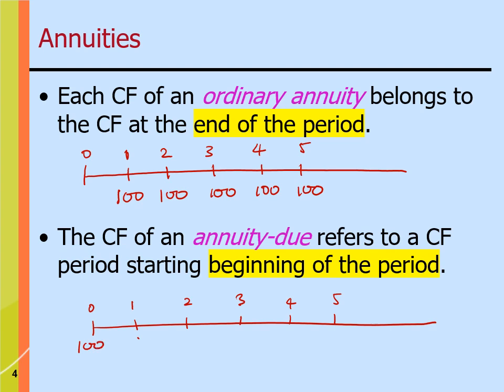So this is the beginning of year 1, and here is the ending of year 1, beginning of year 2. So this is the difference between these two types of annuity.